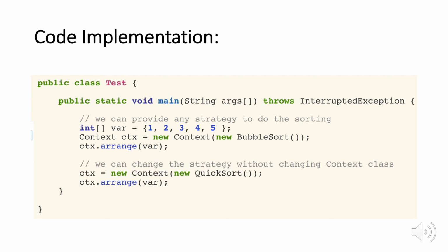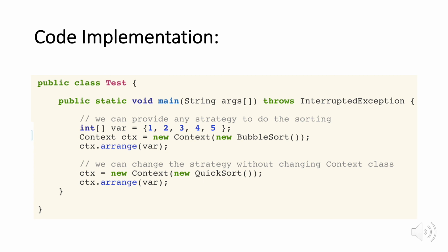You can see that inside the constructor of context we are taking the input of strategy type. So inside this constructor we are passing the type of bubble sort, whereas in the next statement you are seeing that the ctx.arrange method is called. So basically the ctx.arrange will call the bubble sort sorting method.